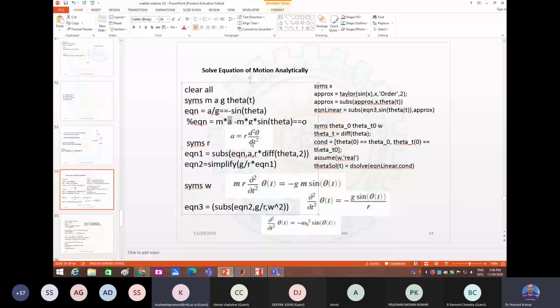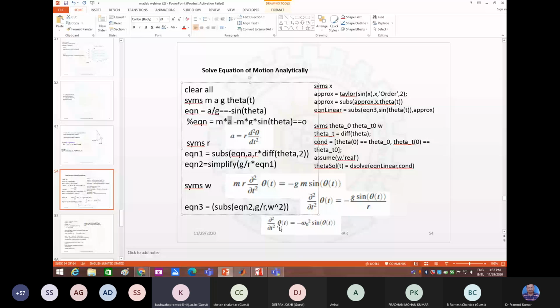Omega square is d square theta by dt square. This r is the length of that pendulum, and after that we get the second order differential equation: d square theta by dt square equals g sine theta by r.